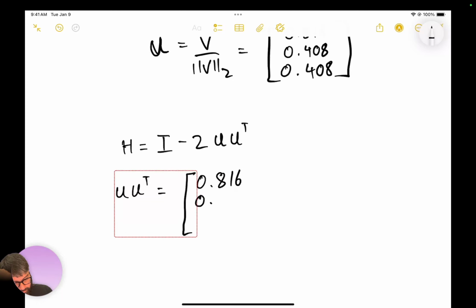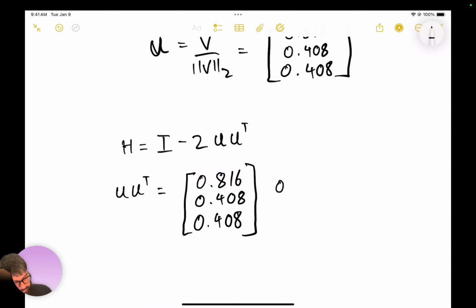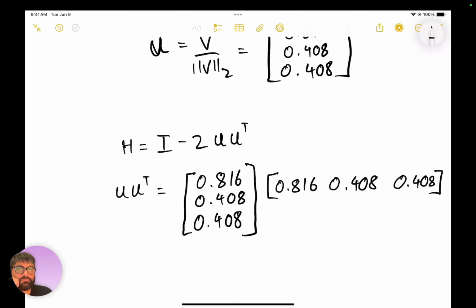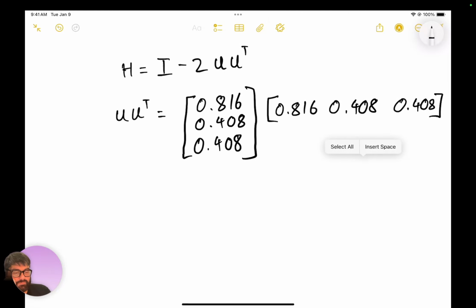0.816, 0.408, 0.408, times 0.816, 0.408, 0.408 again, right? So you just multiply.